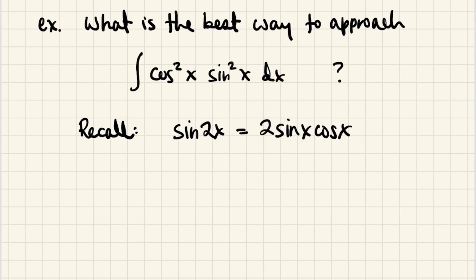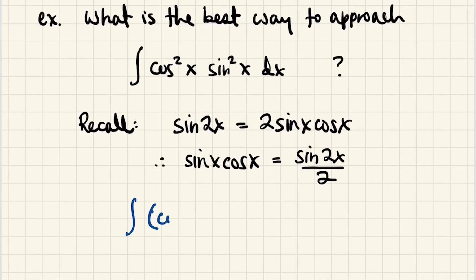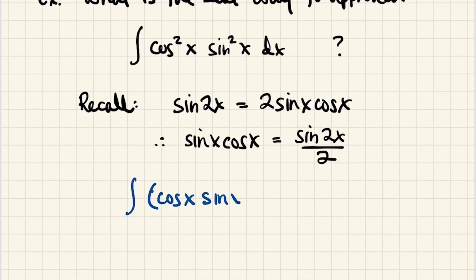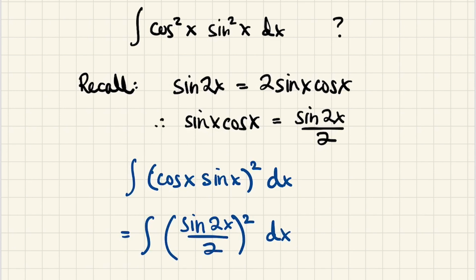So specifically, that means that sine of x times cosine of x is equal to sine of 2x over 2. So this original integral, which we could write as cosine of x times sine of x all squared, is really the square of sine of 2x over 2, simply using the double angle identity for sine.